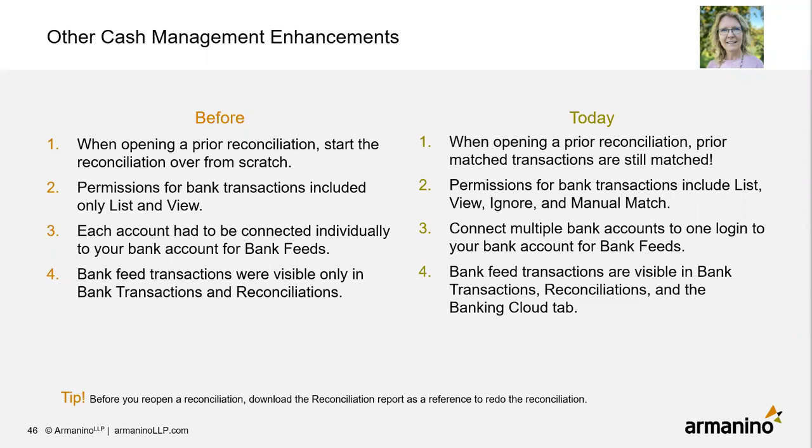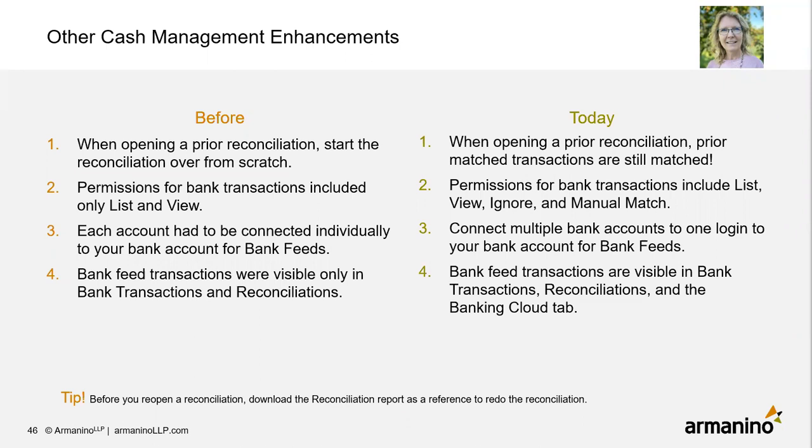In the past, each account had to be connected individually to your bank account. Today, you can have one connection to multiple bank accounts in the same bank. So if you've got 3 checking accounts at one bank, and you want all 3 of those to have a bank feed, you can set that up.